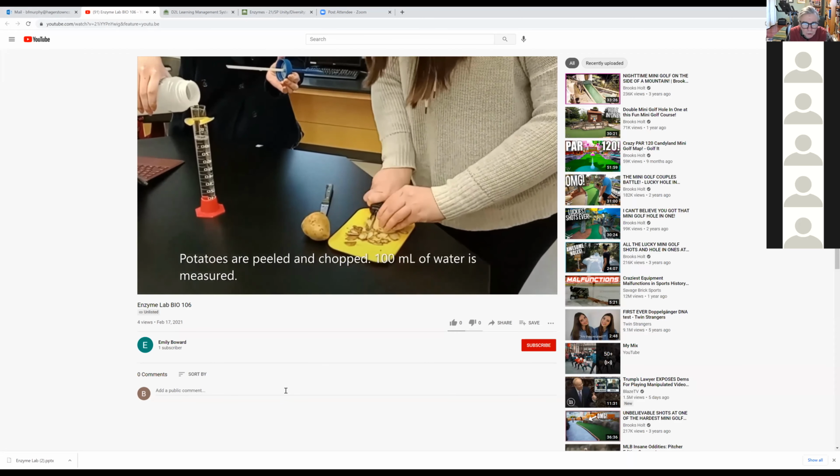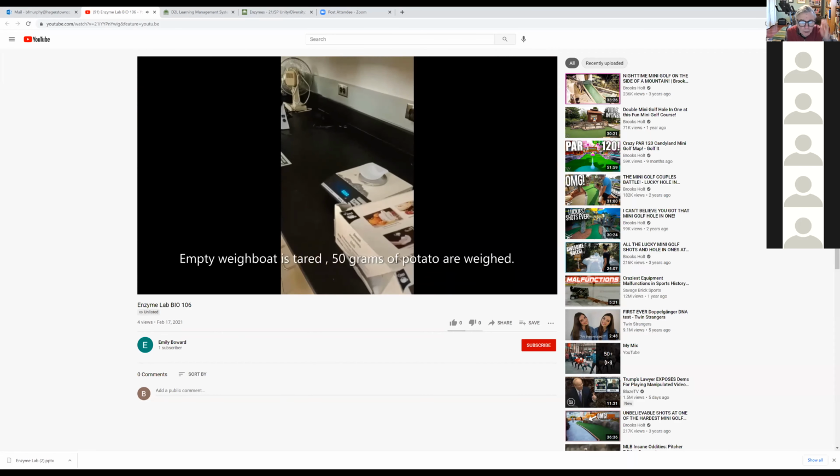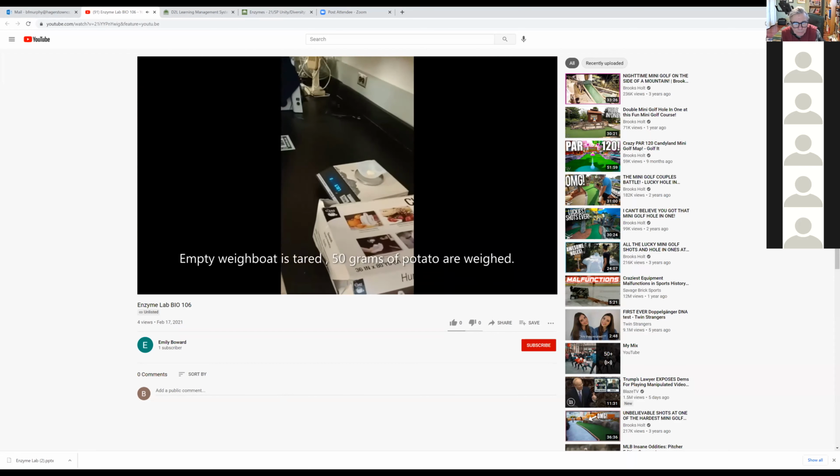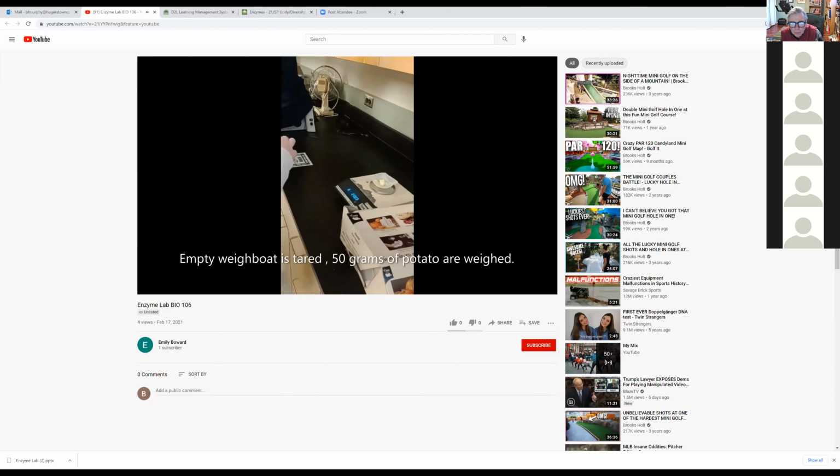So potatoes peeled and chopped, put in the weighing boat, 50 grams. I don't know why she put the music in the background though.